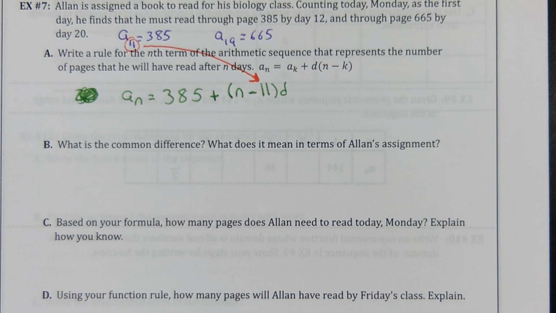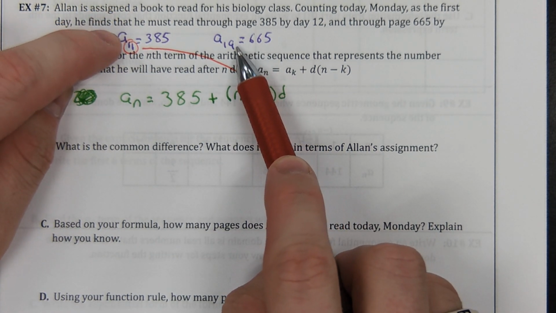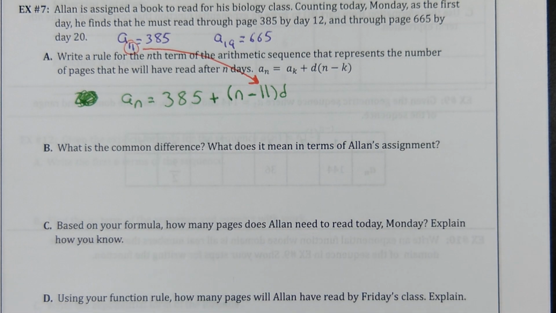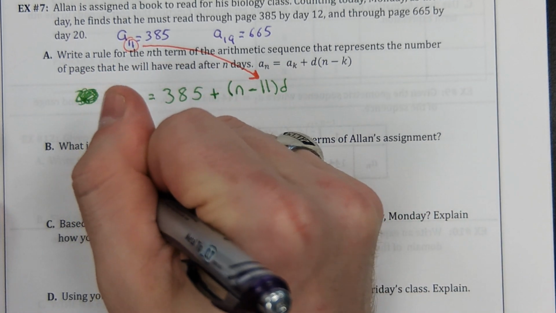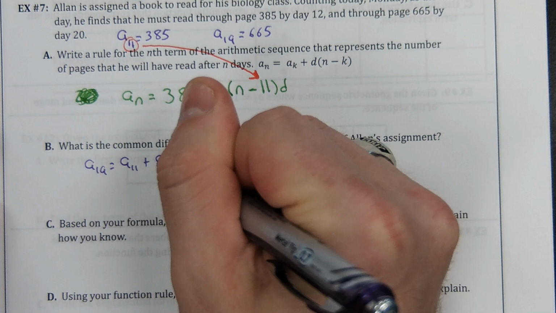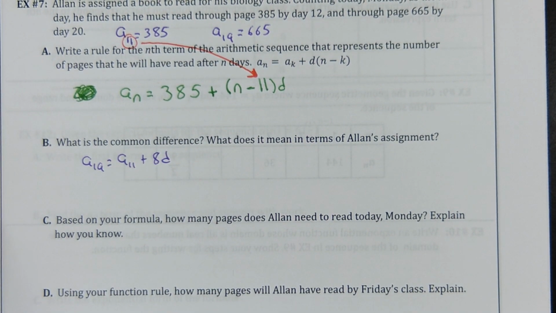Or it says, well, what is the common difference? Well, how many days have gone by from A11 to A19? 8 days. So I can say that A sub 19 is A11 plus 8 D, for days. Plus 8 days.